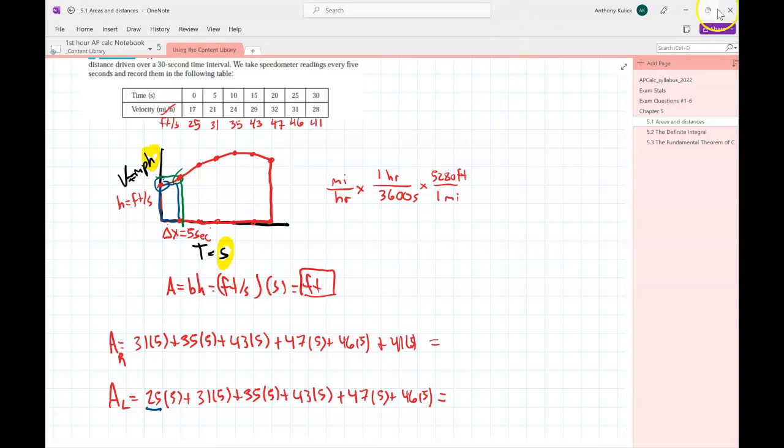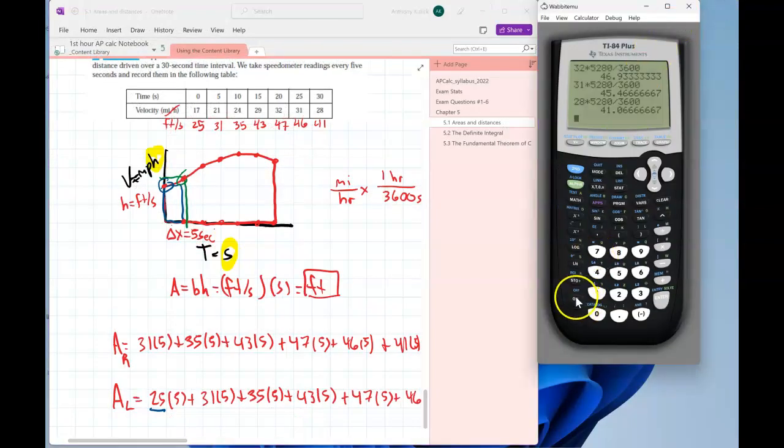So at this point, it's just a punch this through on the calculator. So 31 times 5 plus 35 times 5 plus 43 times 5 plus 47 times 5 plus 46 times 5.